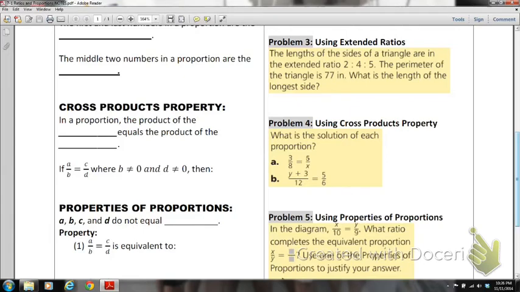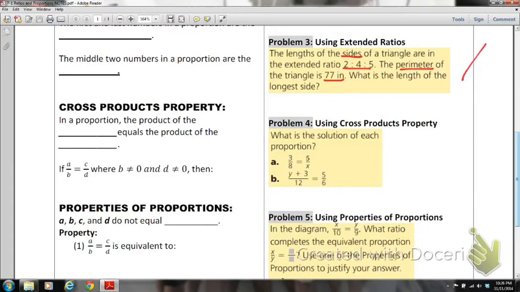Problem 3 is using extended ratios. The lengths of the sides of a triangle are in the extended ratio 2 to 4 to 5. The perimeter of the triangle is 77 inches. So what is the length of the longest side? Perimeter is the measurement around the triangle, so we need to add the sides together.